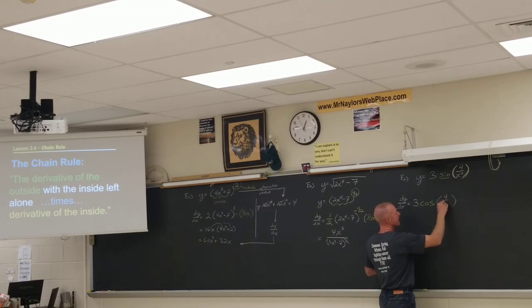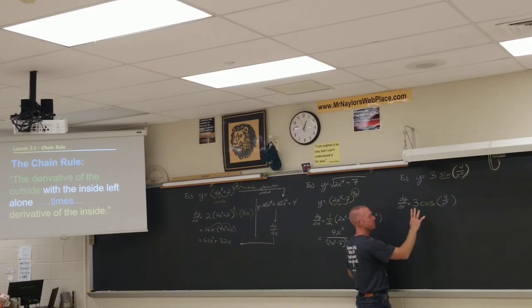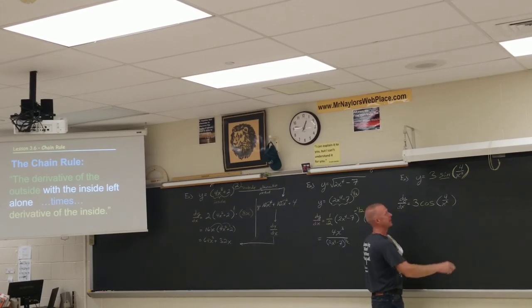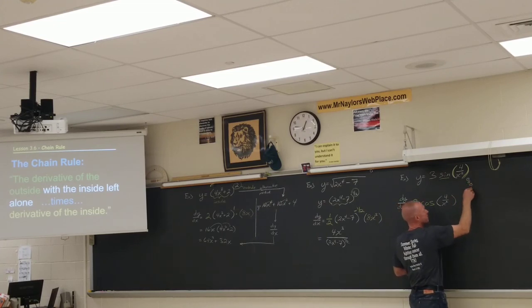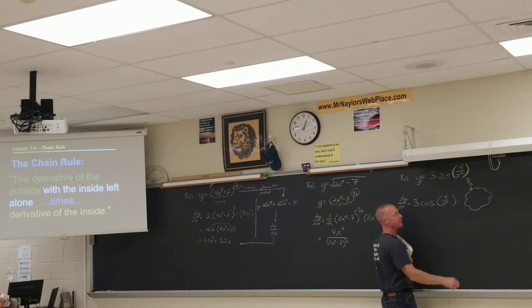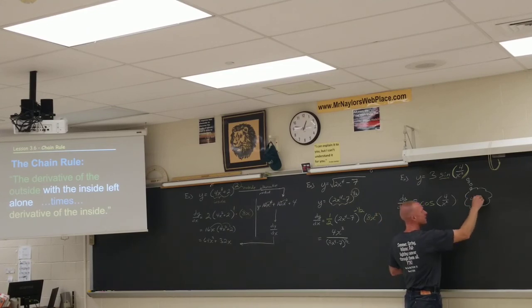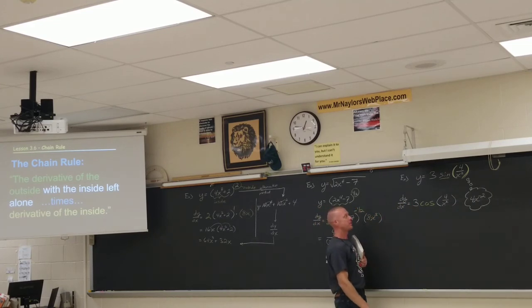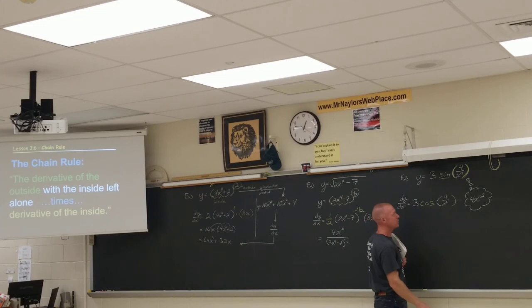Leave the inside alone. I'm telling you, that's the part that people forget. They want to do the derivative of the inside too soon. Speaking of the derivative of the inside, this is a good opportunity to put one of these little thinker bubbles down, because you have to think of 4 over x squared as 4x to the negative 2. We always think of that as a negative exponent, so that you can chain on the derivative of 4x to the negative 2.